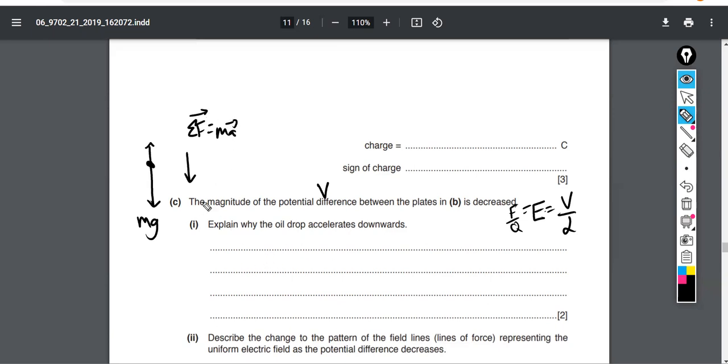So you could say the weight is greater than the electric force because the electric force is weaker, due to the electric field becoming weaker with decreased voltage. So again, it's always about connecting those ideas. There's 2 marks there, and you want to think your way through that. Because the voltage goes down, the electric field strength goes down, which means there's less force.